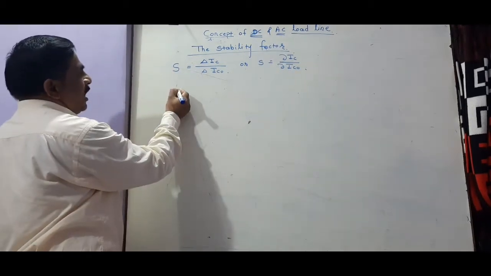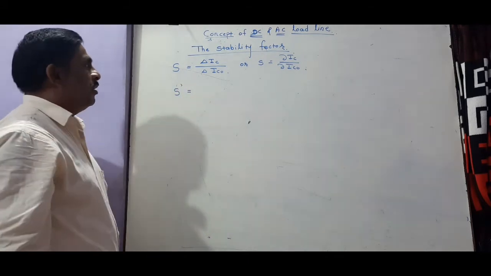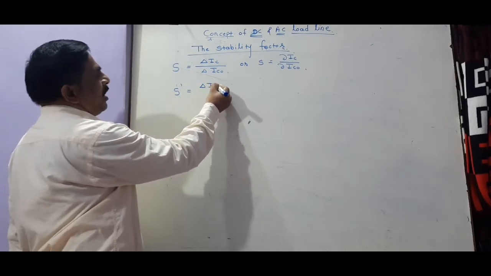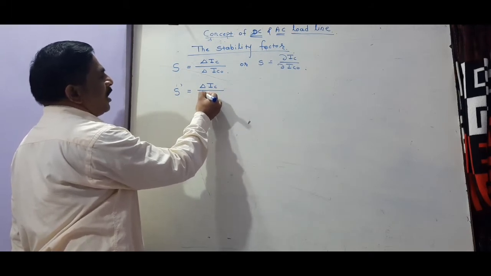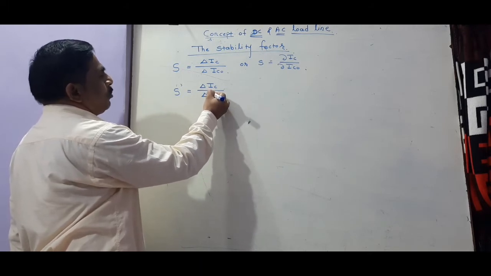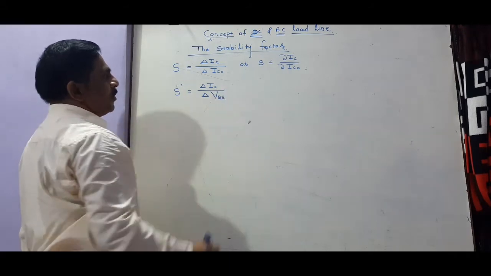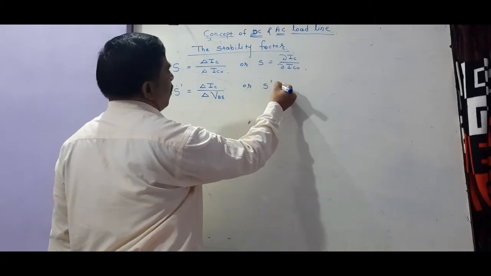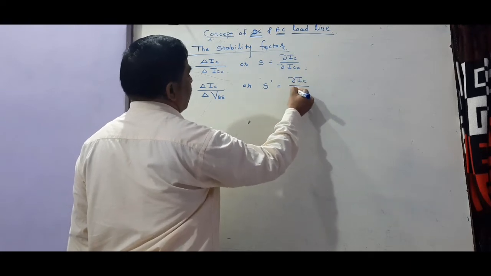Similarly, the second stability factor S dash is defined as the ratio of change in output collector current, that is delta IC, to the change in base to emitter voltage VBE, and it is written as S dash is equal to delta IC upon delta VBE.